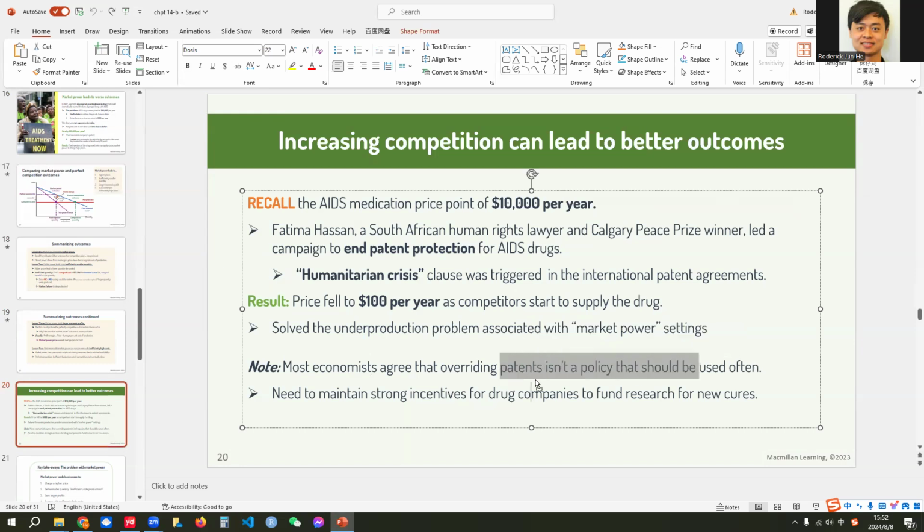Most economists agree that overriding patents isn't a policy that should be used often. Why is that? Because that eventually is going to discourage firms from doing innovation. It is beneficial to the society, to consumers in this one shot, but in the long run, think about yourself: you paid $1 million as, say, Pfizer, to develop a drug, and you have a patent, and you thought, oh, I can make big profit out of this patent.